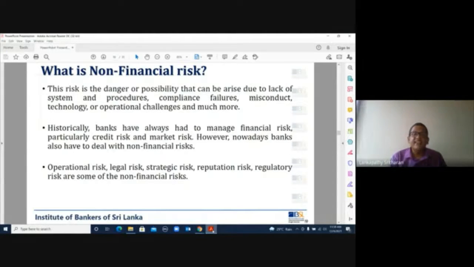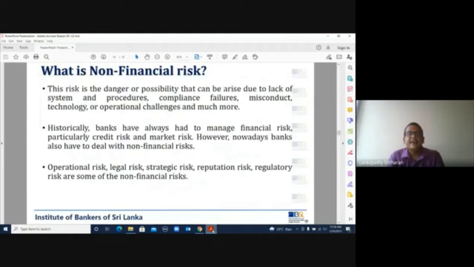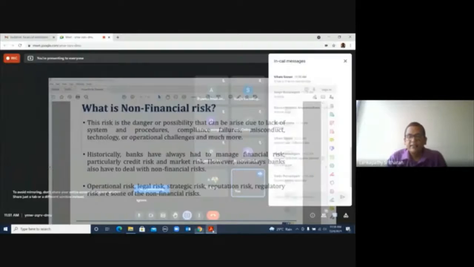Operational risk, legal risk, strategic risk, reputation risk and regulatory risk are some of the non-financial risks. As I mentioned already, there is no limit to non-financial risk. It can expand in an enormous way. But these are some of them: operational risk, legal risk, and so on. Before going to operational risk, if you have any questions, you can ask.